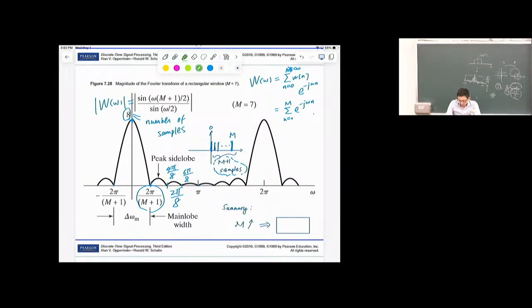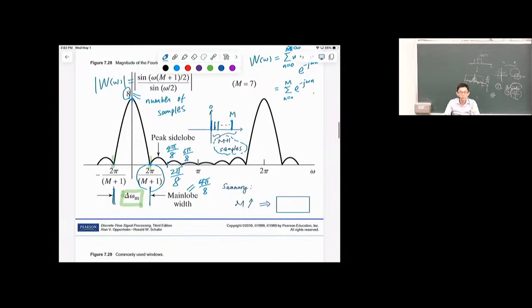The main lobe width will be from here to here. That will be 4 pi divided by 8 in this case, when we have a rectangular window of length 8. The width of that middle part in the frequency domain can be simply figured out, and there are also a few extra lobes elsewhere.